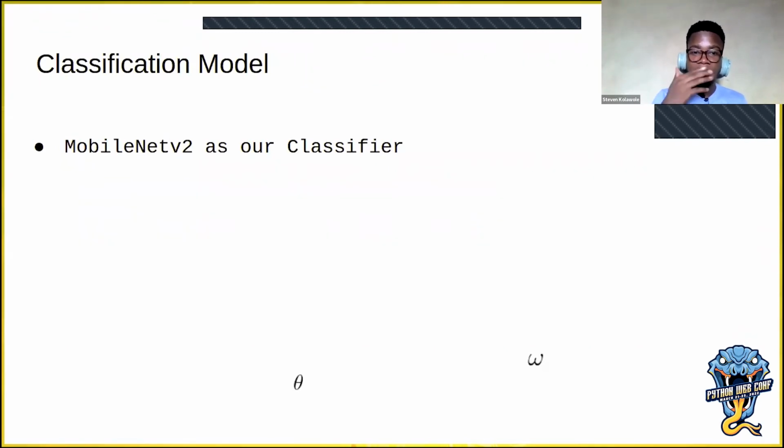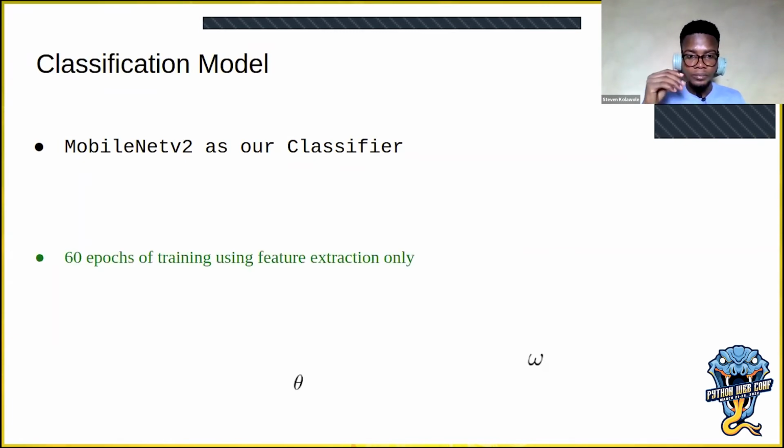For the final model, the MobileNetV2 model, we made use of MobileNetV2 as a classifier while we discarded the annotations. Initially we trained over 60 epochs using just feature extraction only, right? With feature extraction, we are not retraining any of the layers of the MobileNetV2.